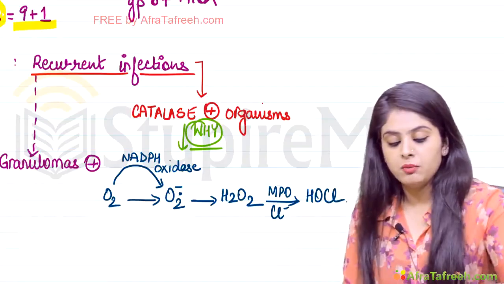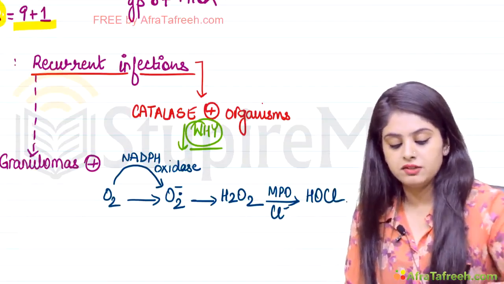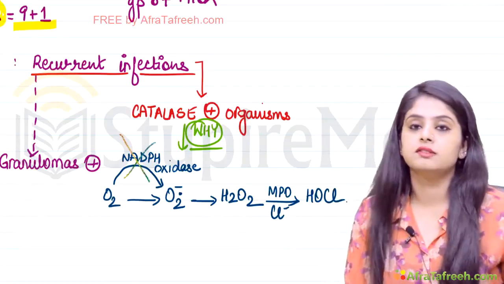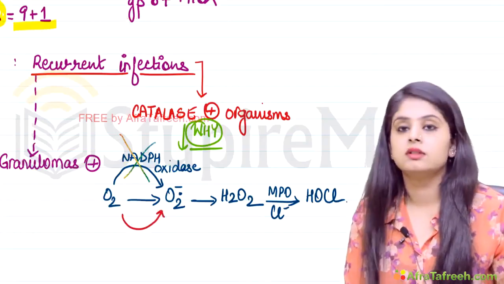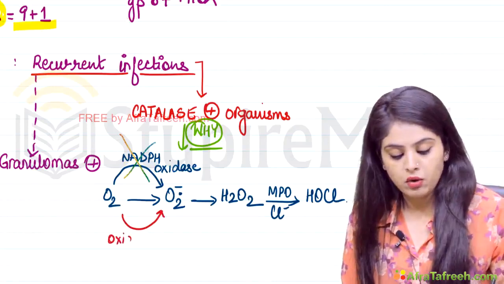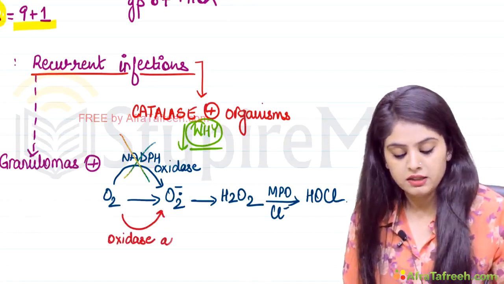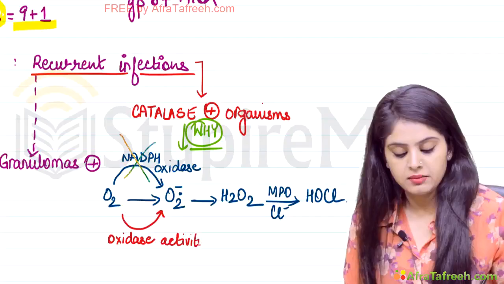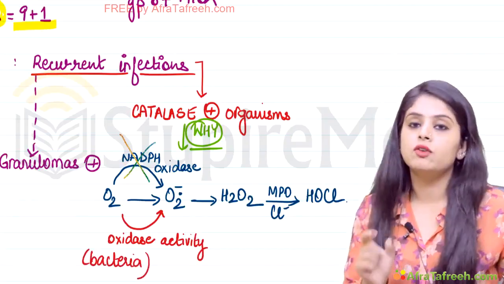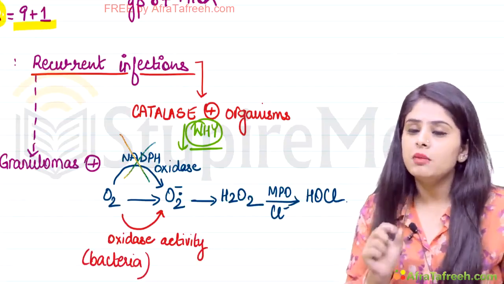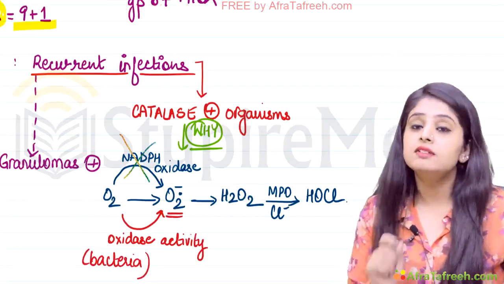But now what is the problem here? There is deficiency of NADPH oxidase. But remember students, there is some amount of oxidase activity that is present in the bacteria themselves. In the organisms some amount of oxidase activity is present. So some amount of superoxide will still be formed.